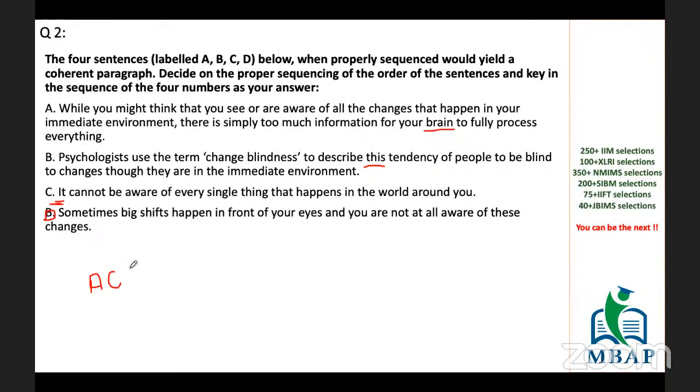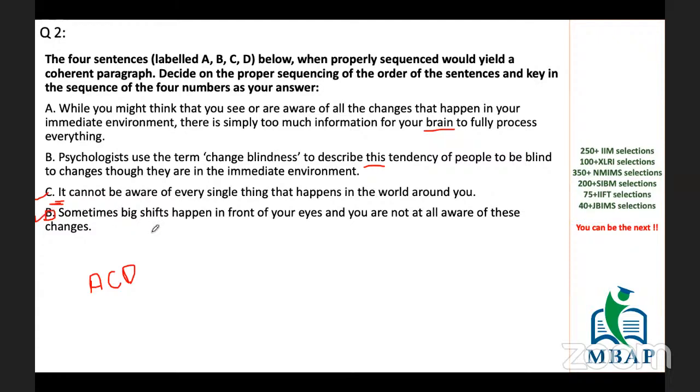So when I see, we are actually talking about what happens with our brain. If you see the sequence, D is the correct one, because D is basically the extended explanation of what we are talking about in A and C, that is, how our brain works. So it is a description that we are not aware of every single thing that happens around us, and sometimes big shifts happen in front of your eyes and you are not at all aware of these changes, because in C and D we are talking about the awareness of our brain.